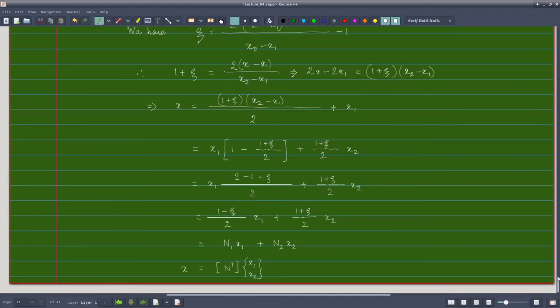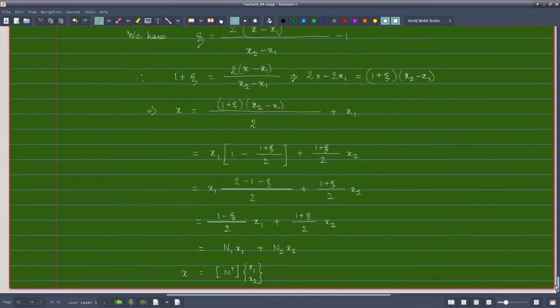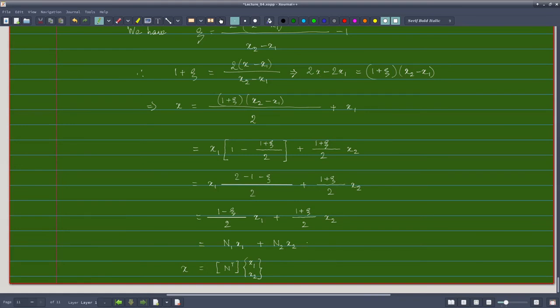Okay, using the same N matrix. N is N1, N2, so N transpose is a row matrix. Let me write it as N1, N2 times this nodal location vector x1, x2. So this equation has converted my location within any point with the same transformation matrix N transpose. Okay, so this is what is called coordinate transformation.